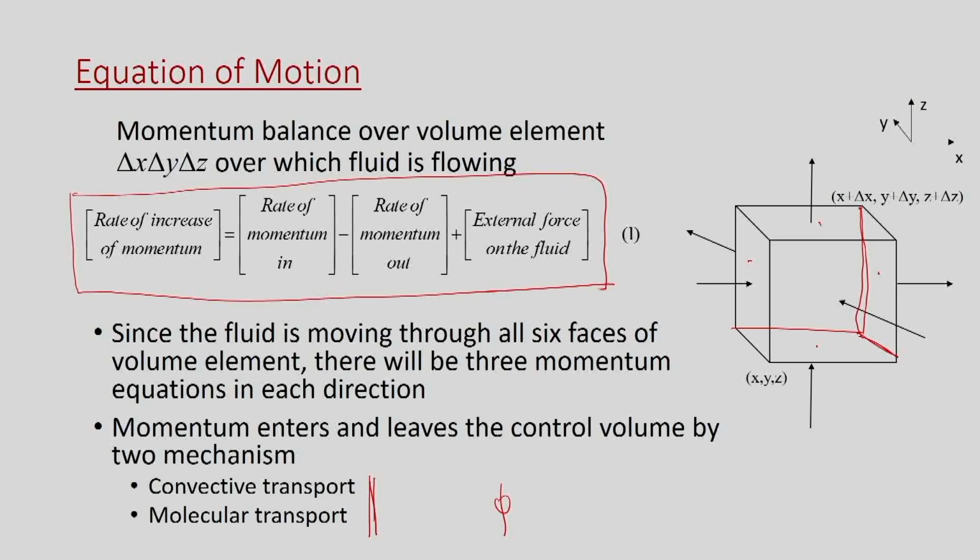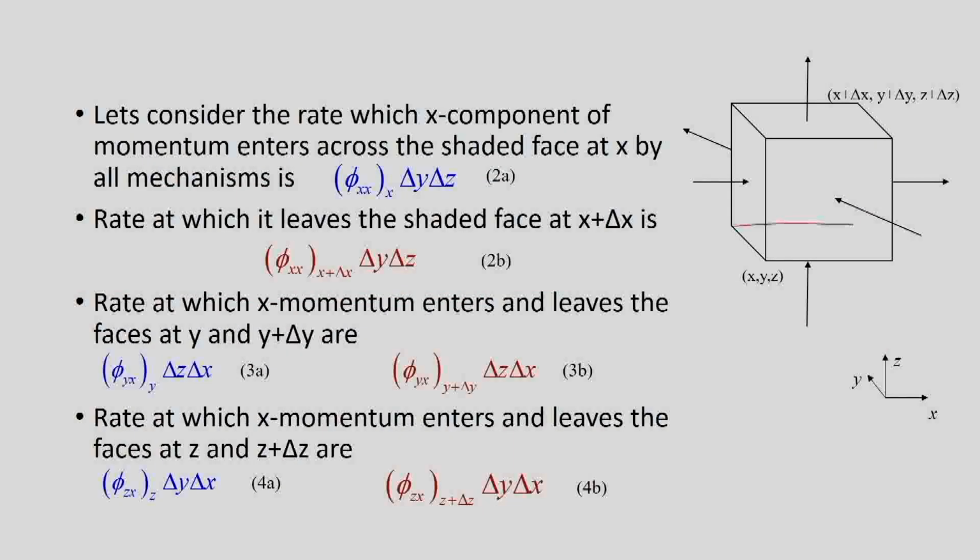We do the derivation of the equation with pi, and then finally we substitute for the individual contributions due to convection and molecular mechanism. Now this is the control volume here, horizontal x direction, vertical z direction, and this way is the y direction. The combined momentum transport flux tensor is the pi we have defined now.